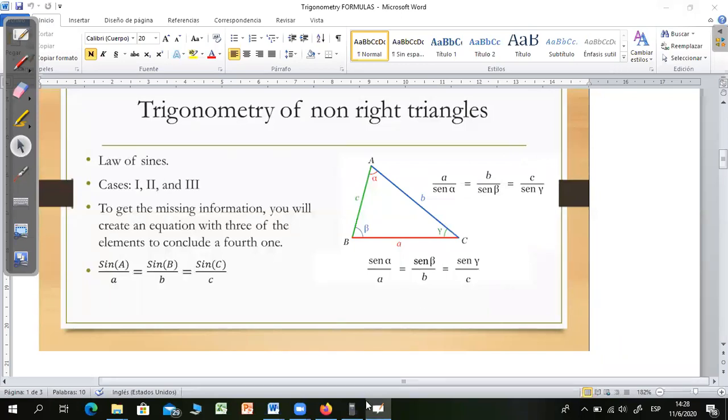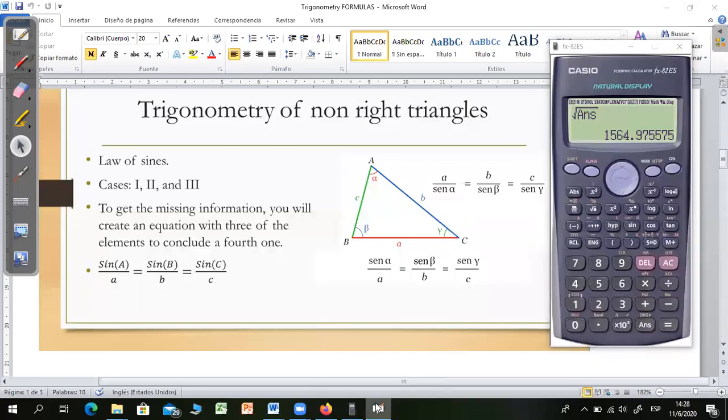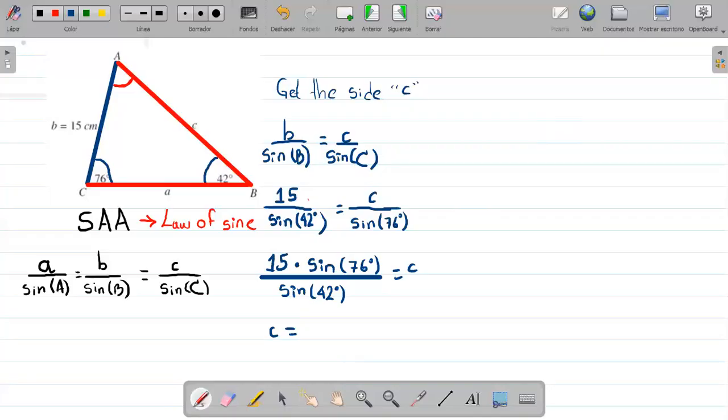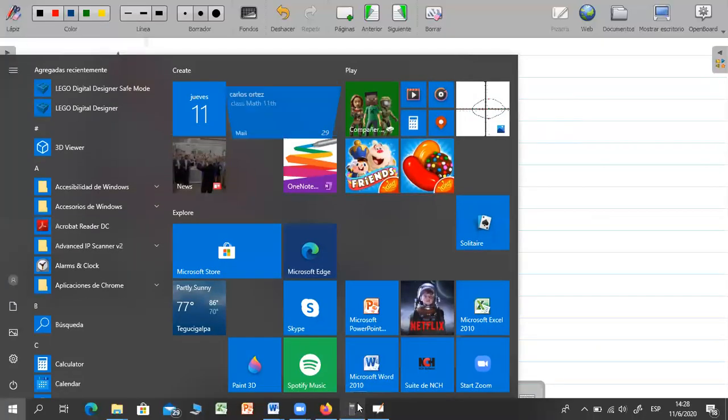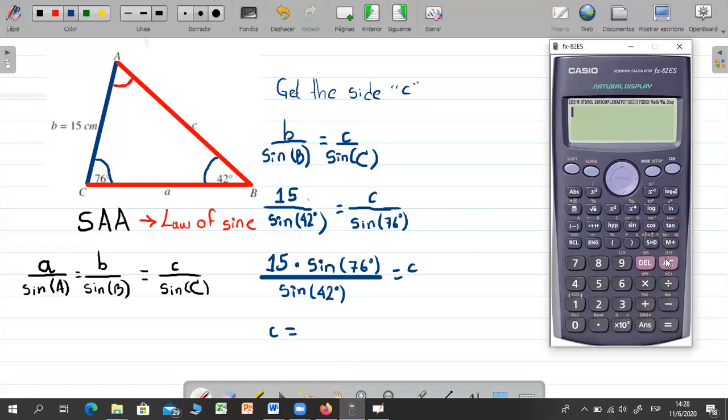In order to do it better, we're gonna move to our calculator. As you can see, here is the calculator. I'm gonna clean the screen. And now we have to solve 15 times sine of 76 divided by sine of 42. Everything in degrees, remember.